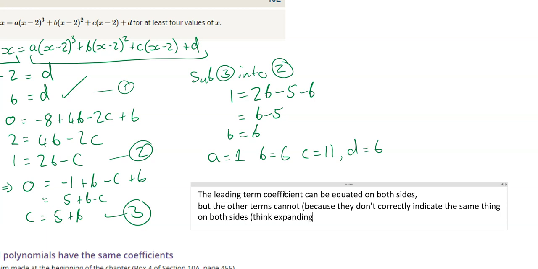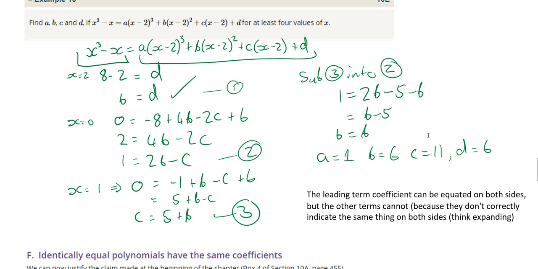Think expanding. Cool. That works for me. I should put a note in there anyway.